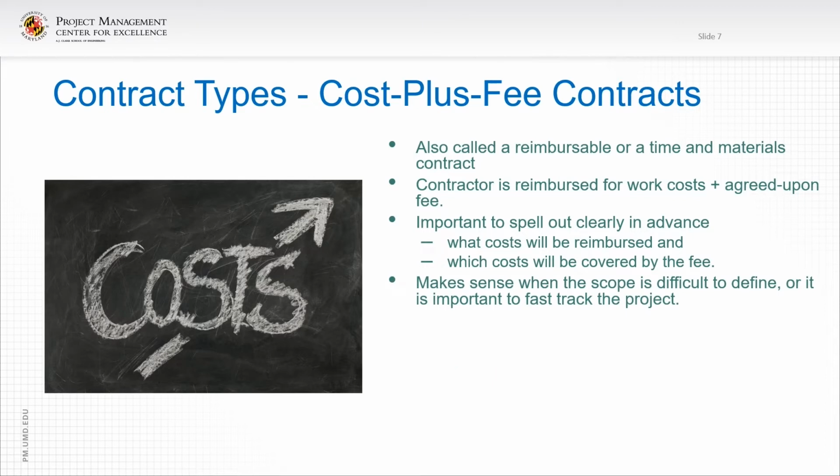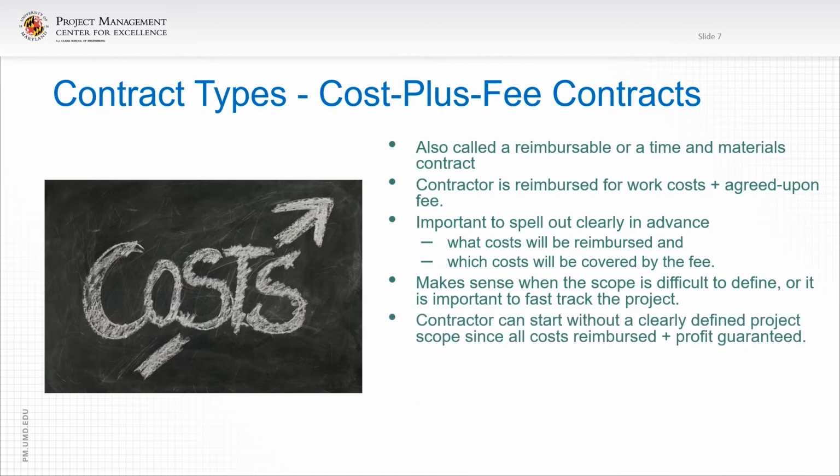It makes sense when the scope is difficult to define or it is important to fast track the project, but be very careful of cost plus a fee type contract because it's pretty much open-ended. The contractor can start without a clearly defined project scope since all costs are reimbursed plus a profit, and that's guaranteed.